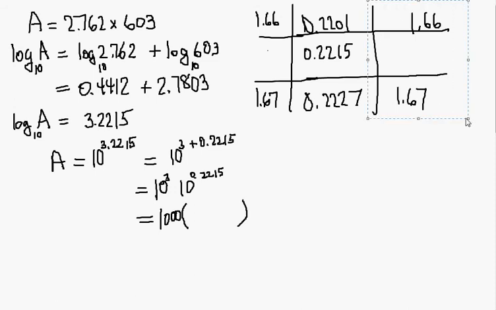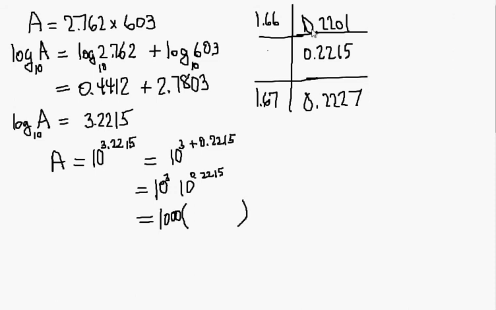So let's find the line connecting these points. So we have y minus 0.2201 is equal to the slope, which is 0.0026 divided by 0.01, pardon me, times x minus 1.66.